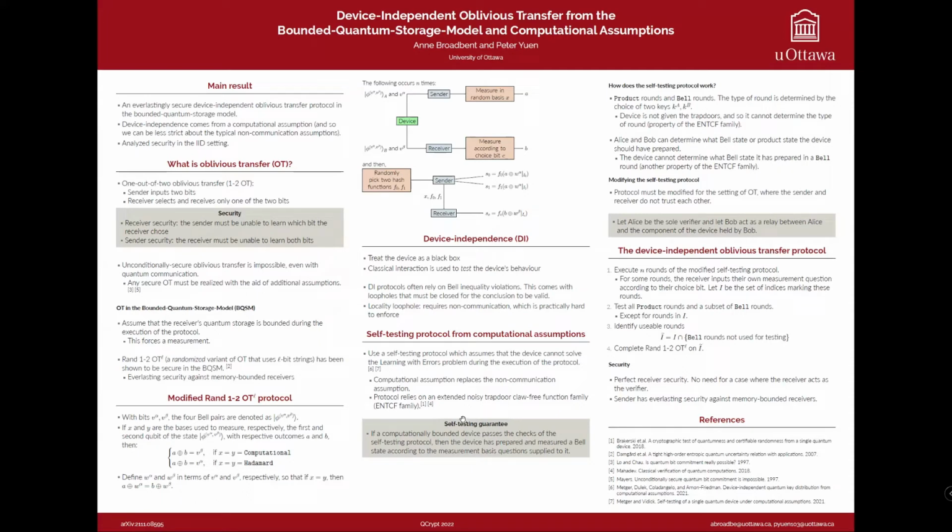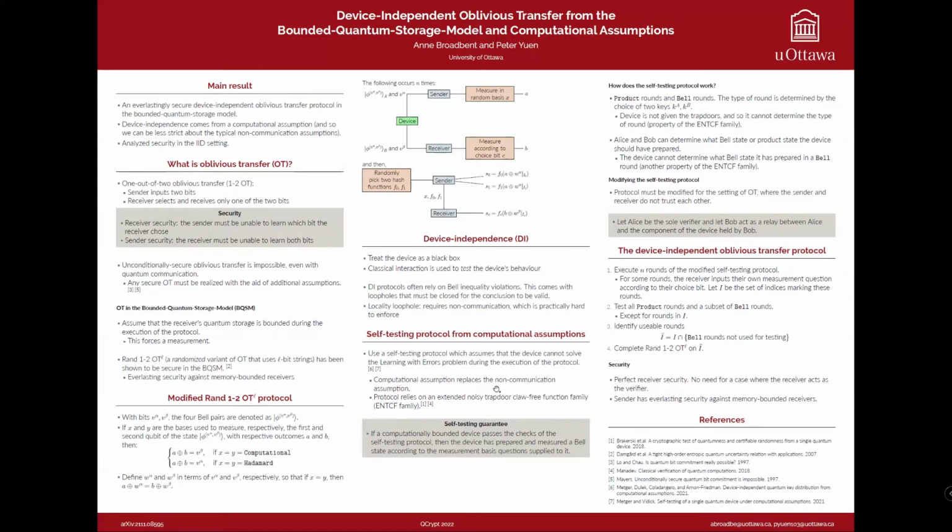Specifically, a lot of this self-testing protocol comes from reference number 7, and it's also used in reference number 6 here. This self-testing protocol relies a lot on these extended noisy trapdoor claw-free function families, along with their properties. And basically, the learning with errors problem can be used to construct this family.